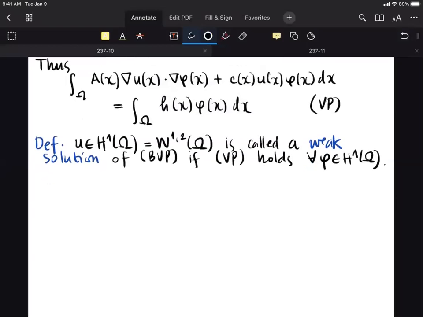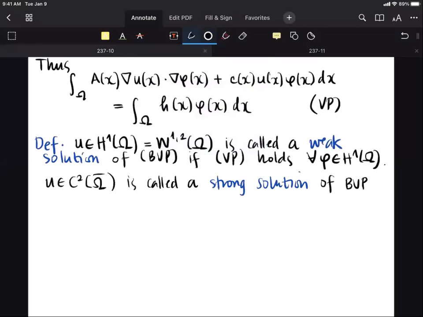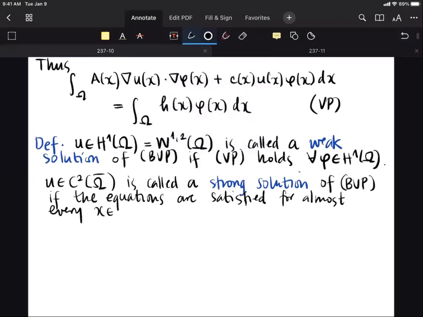So here, and likewise, we say that a function u, which is in C2(Ω̄), is called a strong solution of our boundary value problem if the equations are satisfied for almost every x in Ω and x on the boundary.